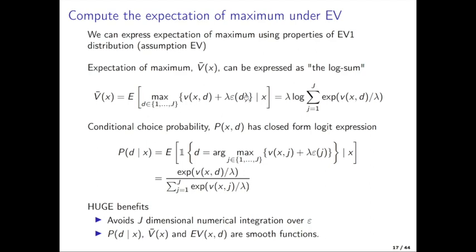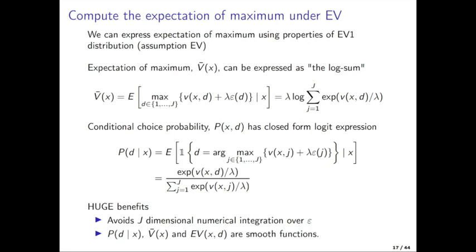And a property of the extreme value distribution is that this gives a closed form which has this nice log sum formula. This is what it's called. So it's a log of the sum of the exponentiated values, and here scaled by lambda. Now lambda is 1 in our case. Okay, we don't have any lambda here. It's just 1, right? We normalized it to 1 because of our scale normalization of the discrete choice model.